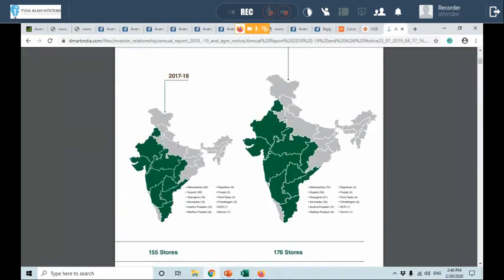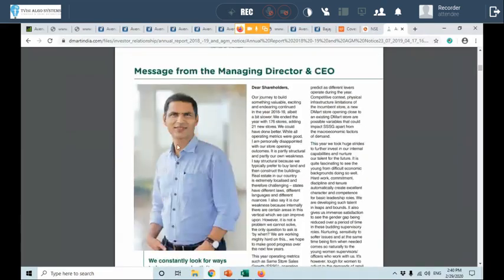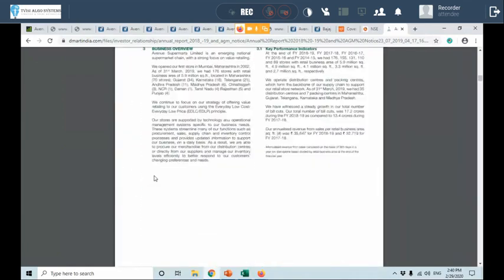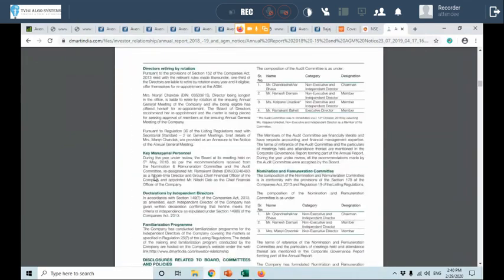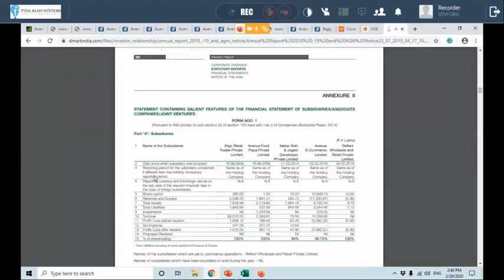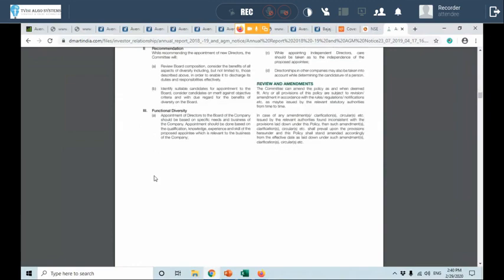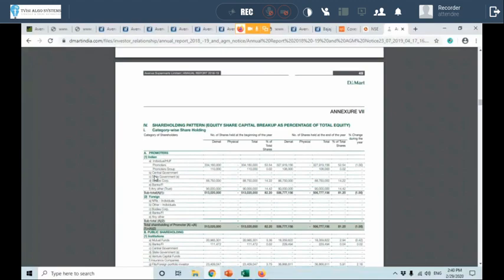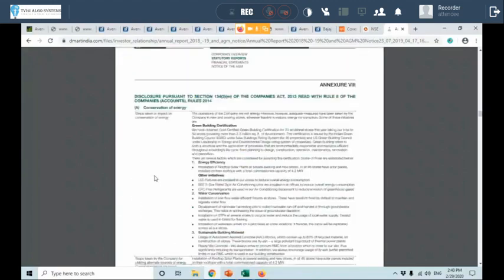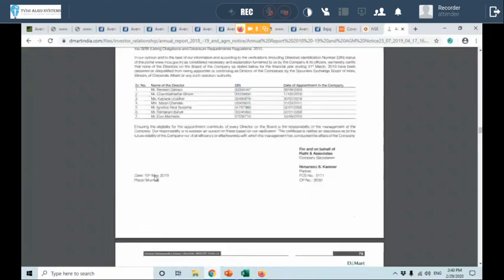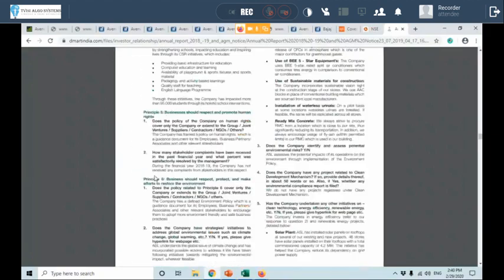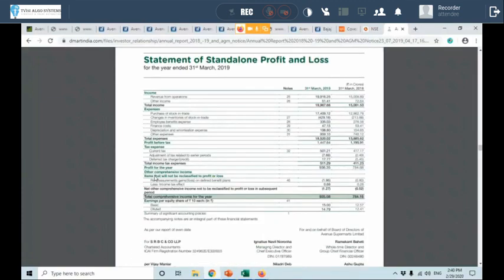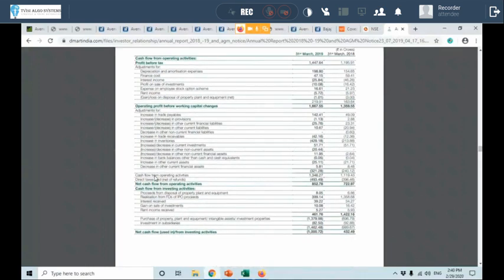Okay. This is the annual report, and let's go to the income statement. This is shareholding. See, here is cash flow.